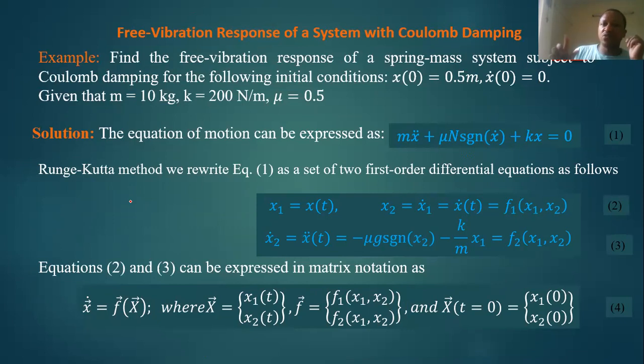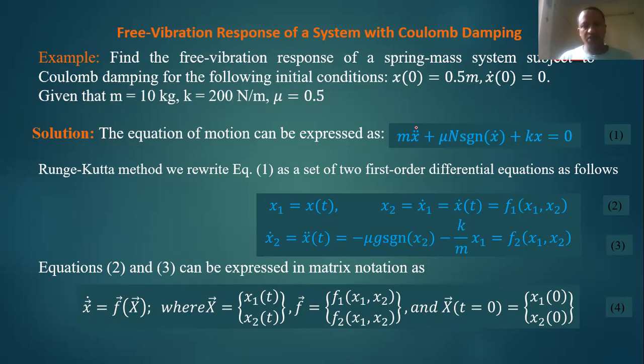X naught is equal to 0.5 meter, x dot is equal to 0, mass 10 kilogram, k is equal to 200 newton per meter, and friction coefficient 0.5. That is a very high value. Most of the time the friction coefficient is about 0.3 or something like that, but here it is 0.5.